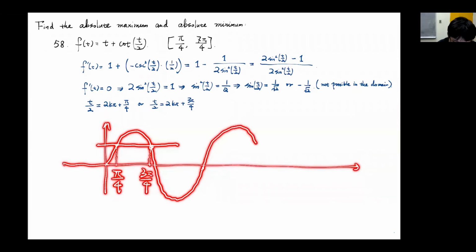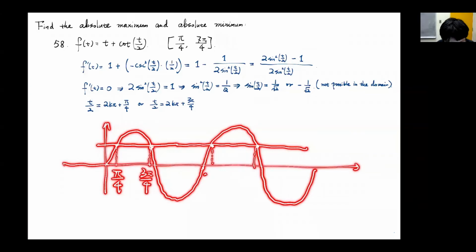It is a periodic function that repeats forever. So this gives us a bunch of other points where the sine function takes 1 over root 2. For example, this point is going to be 2 pi plus pi over 4, and then 2 pi plus 3 pi over 4. Those are also 2 points making the sine value equal 1 over root 2.